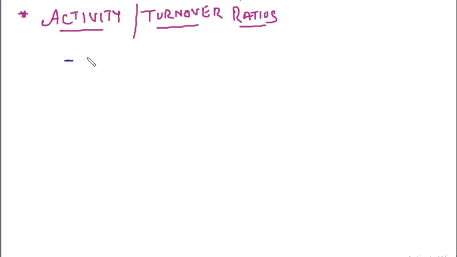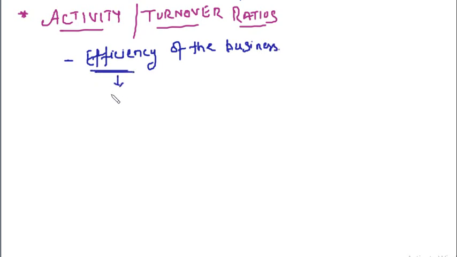Now, these activity ratios tell us about the efficiency of the business. Now the question is, efficiency about what? The first thing I am telling regarding the activity or the turnover ratios is that these ratios help in identifying the efficiency of the business. Now the question arises, efficiency related to what?